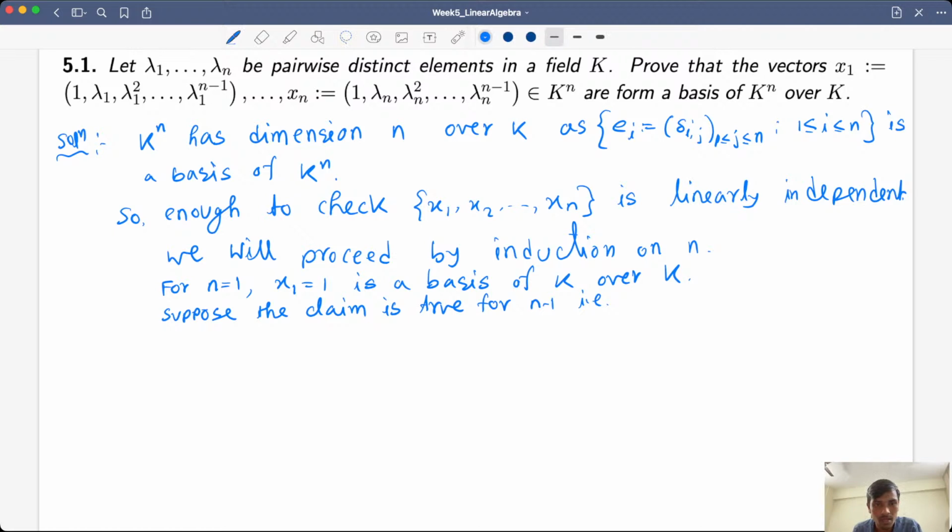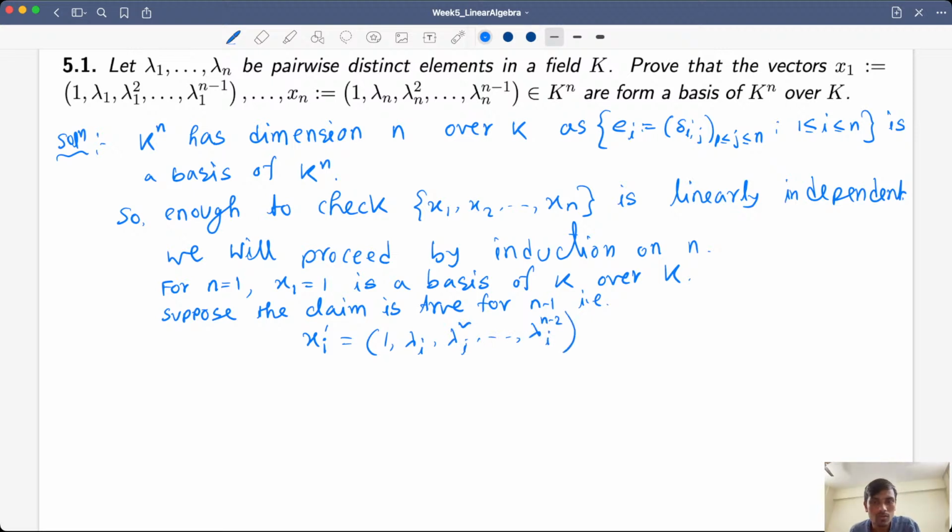If I define x1 prime, that will be 1, lambda 1, lambda 1 squared, up to lambda 1 to the power n minus 2. So let me in general define xi prime as 1, lambda i, lambda i squared, all the way up to lambda i to the power n minus 2.